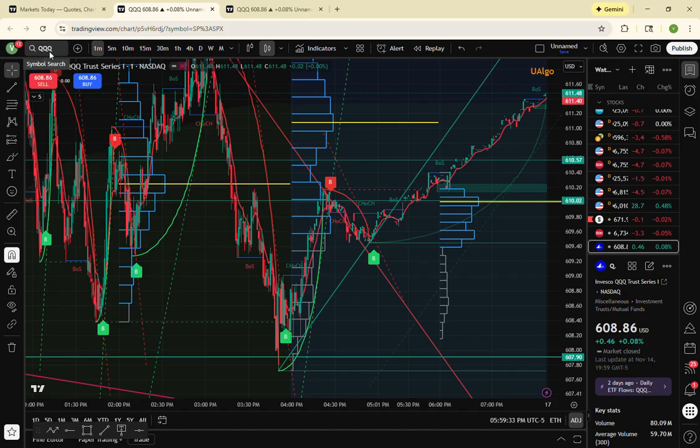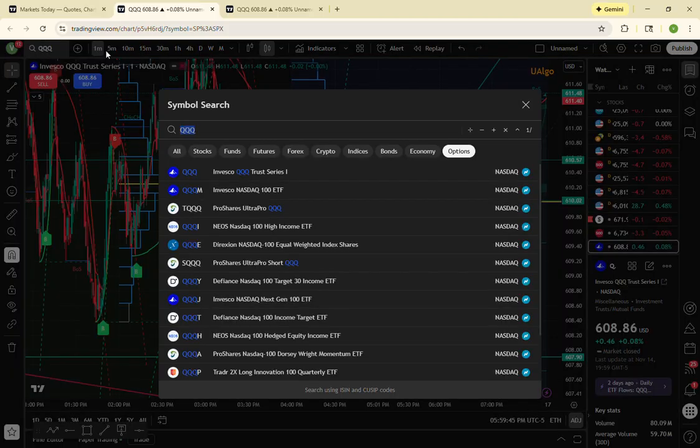This is one of the assets that I trade: QQQ, HIMS, and the other ones, and SPY. But we're going to use SPY. Let's just use SPY. So you click on SPY.